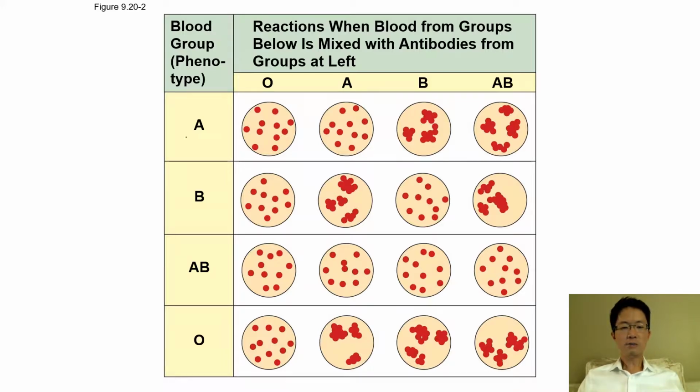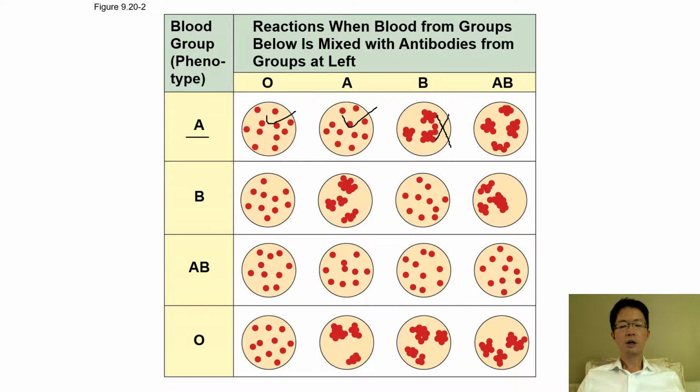So if you are blood type A, that means the phenotype is A, then what will happen? Blood type A can receive blood transfusion from blood type O and blood type A. But when you receive blood transfusion from blood type B, the red blood cells will agglutinate or aggregate together.